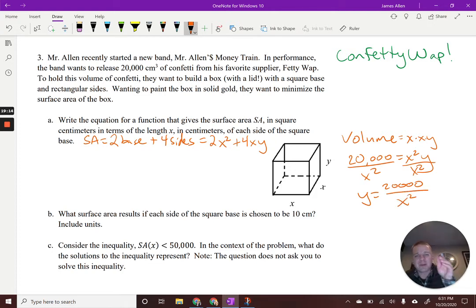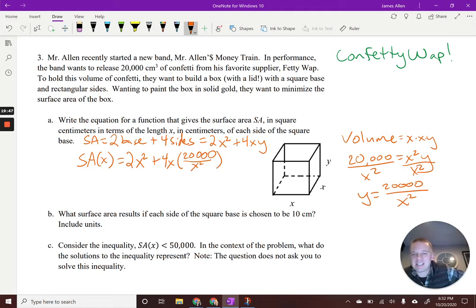Beautiful. Fantastic. I'm going to substitute that in to my surface area function. So now I will have surface area of x is equal to 2x squared plus 4x, and then in place of y will be the 20,000 over x squared.